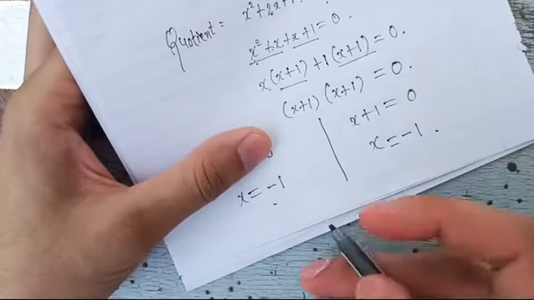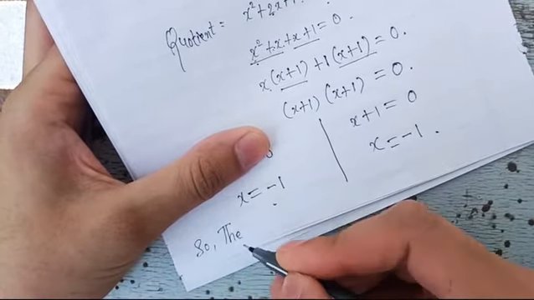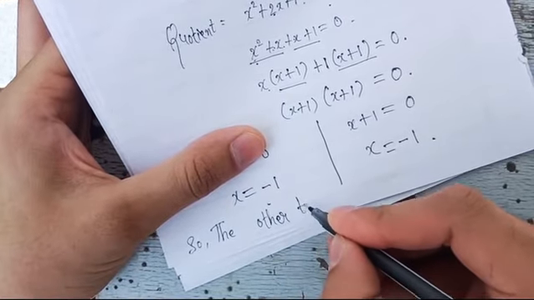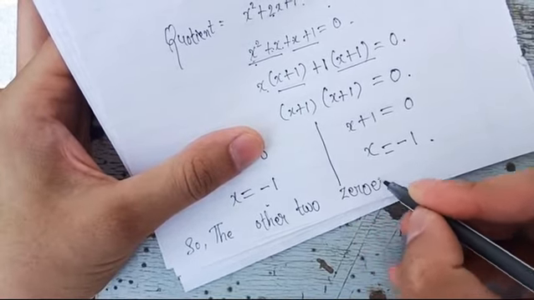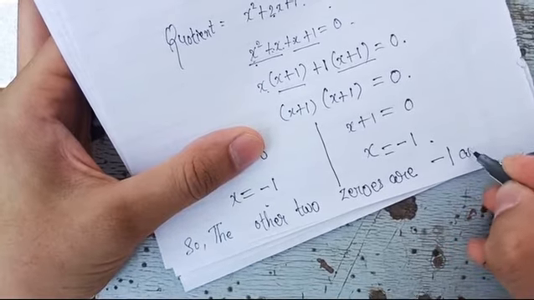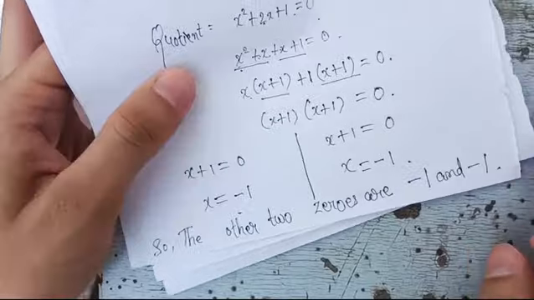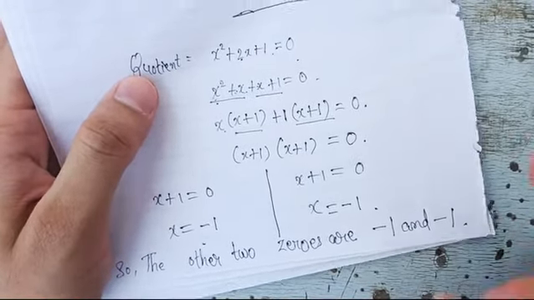So the other two zeros are minus 1 and minus 1. These are the two zeros, and that is the answer.